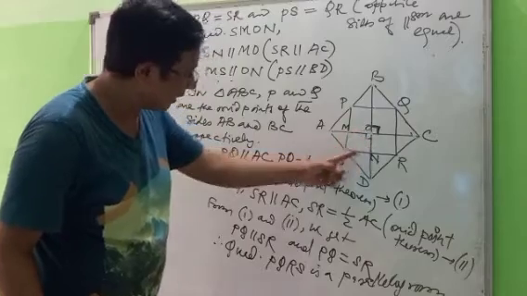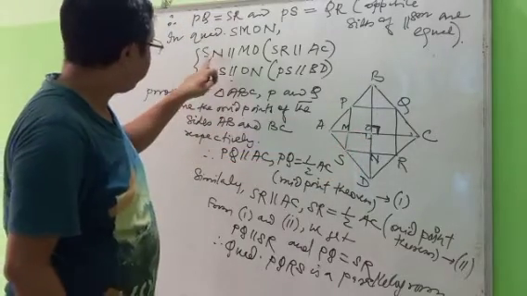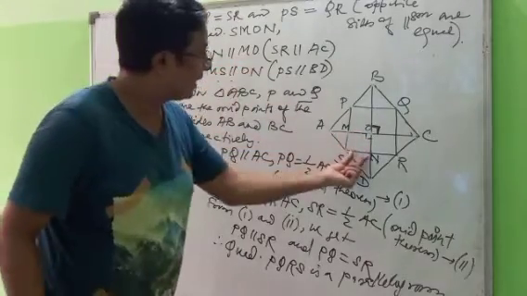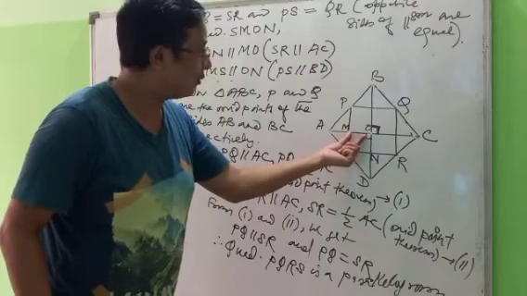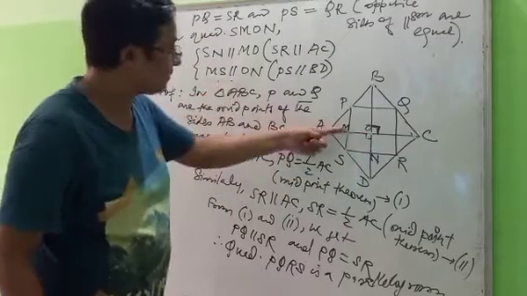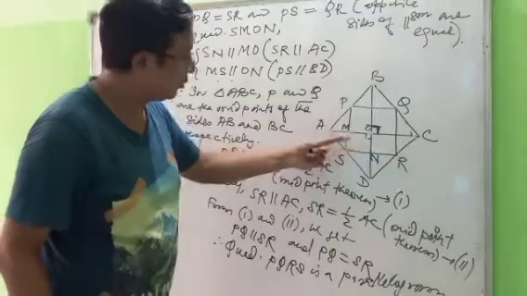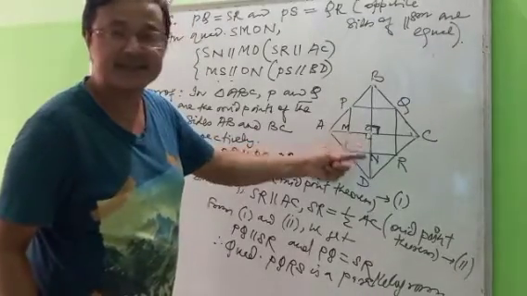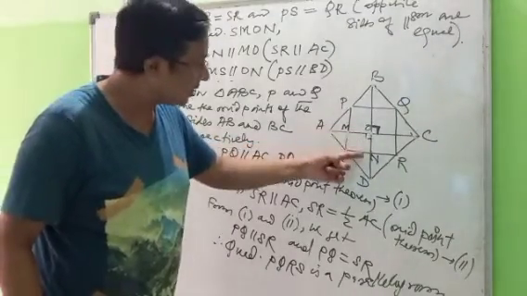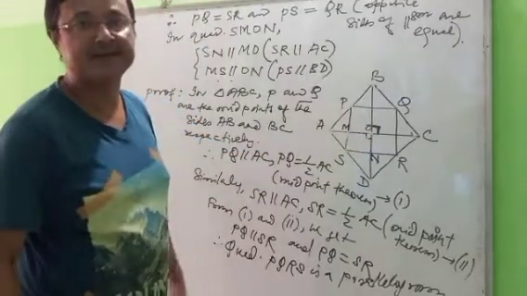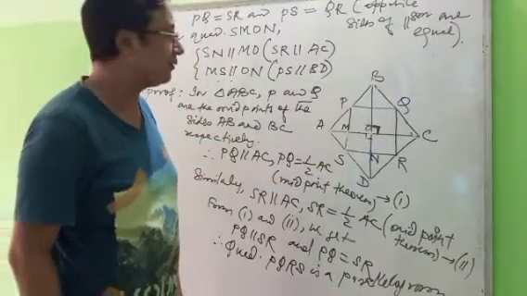In this quadrilateral, you have got that SN is parallel to MO, and then MS is parallel to ON. You have got that both the pairs of opposite sides are parallel. If both the pairs of opposite sides are parallel, then the figure is called a parallelogram.